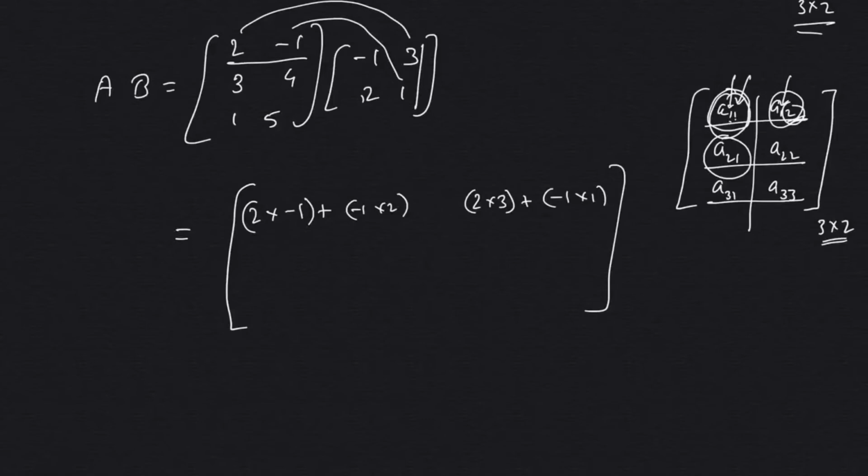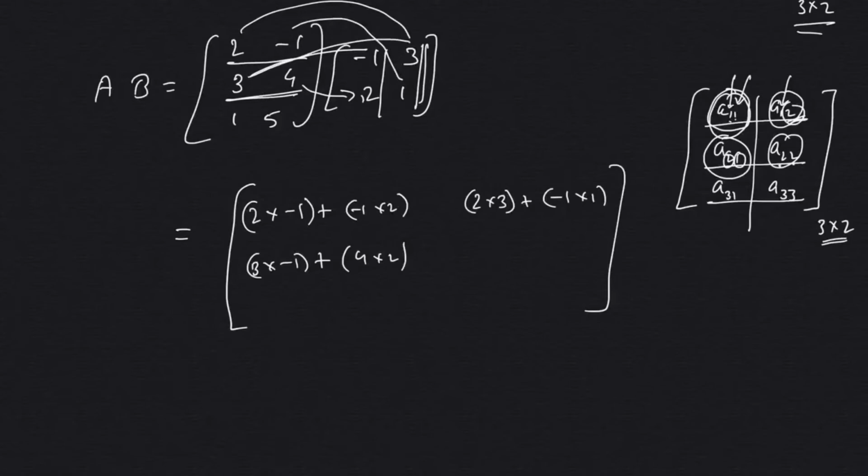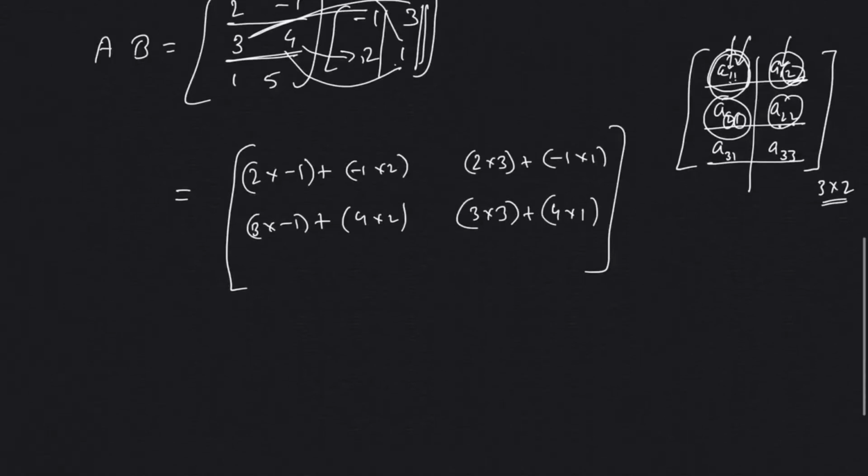Continuing, A21 means you will multiply and add the corresponding elements of the second row with the first column, 3 into minus 1 plus 4 into 2. Continuing, A22, second row, second column: 3 into 3 plus 4 into 1.